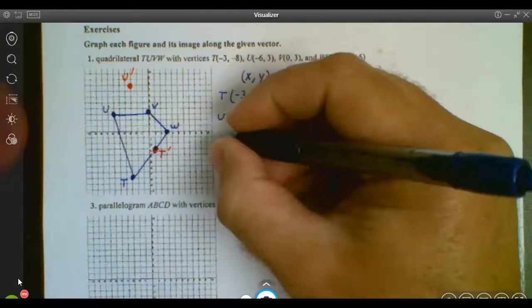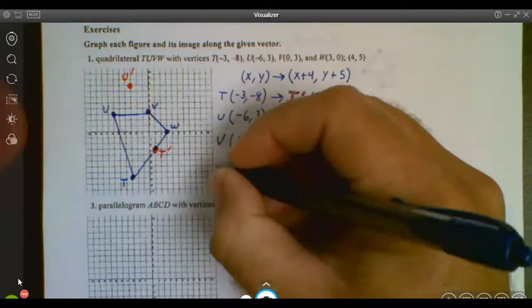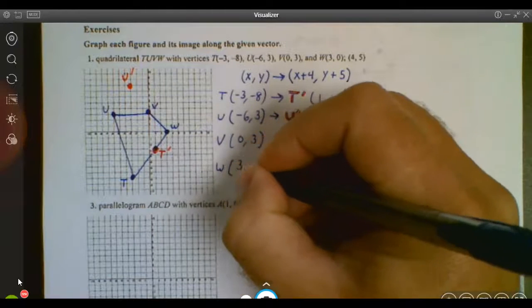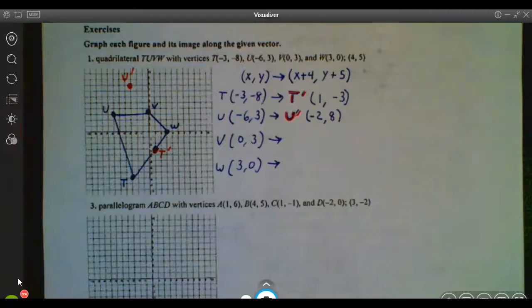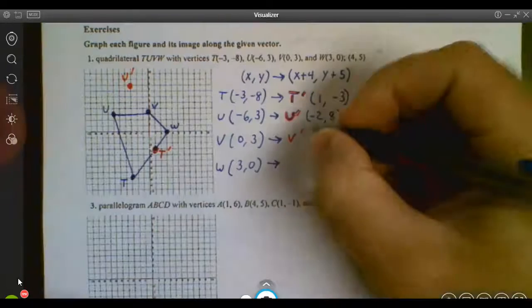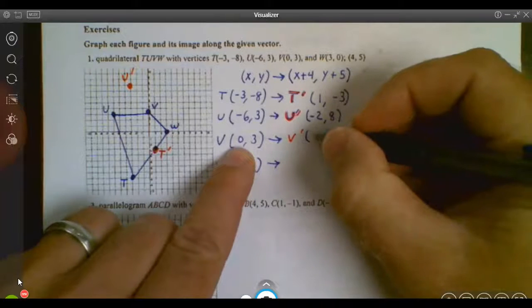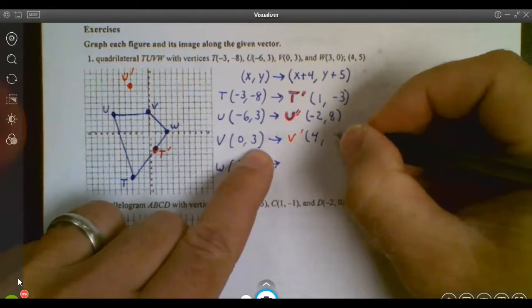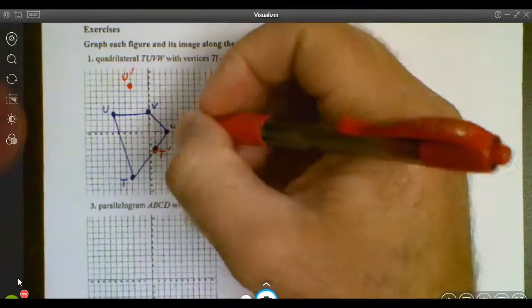Keep it going. V is at 0, 3. So V prime, if I add 4 to my x, brings me up to 4. Add 5 to my y, brings me up to 8. So V prime is at 4, 8.